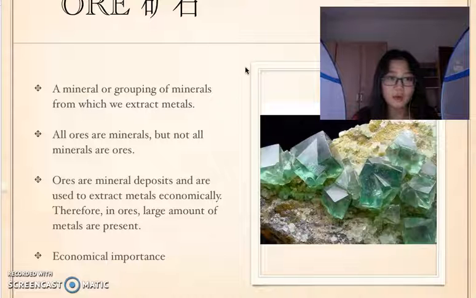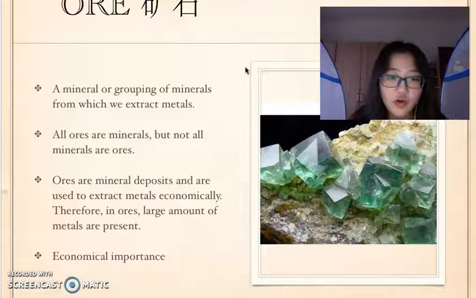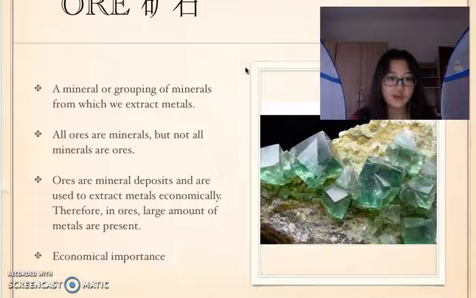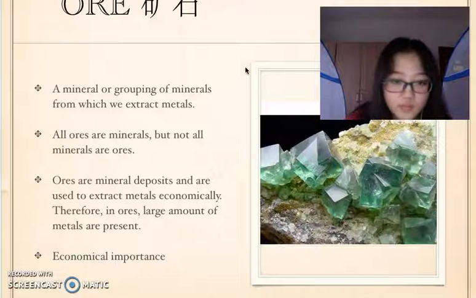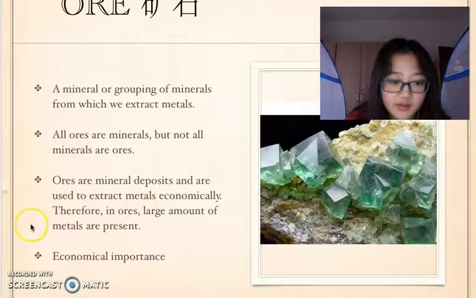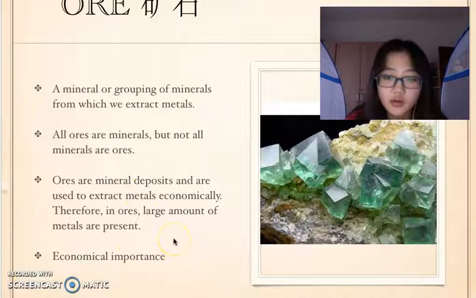Ores are mineral deposits and are used to extract the metals economically. Therefore, in ores, a large amount of metals are present. So ore is of very economic importance. This is how they differ from each other.